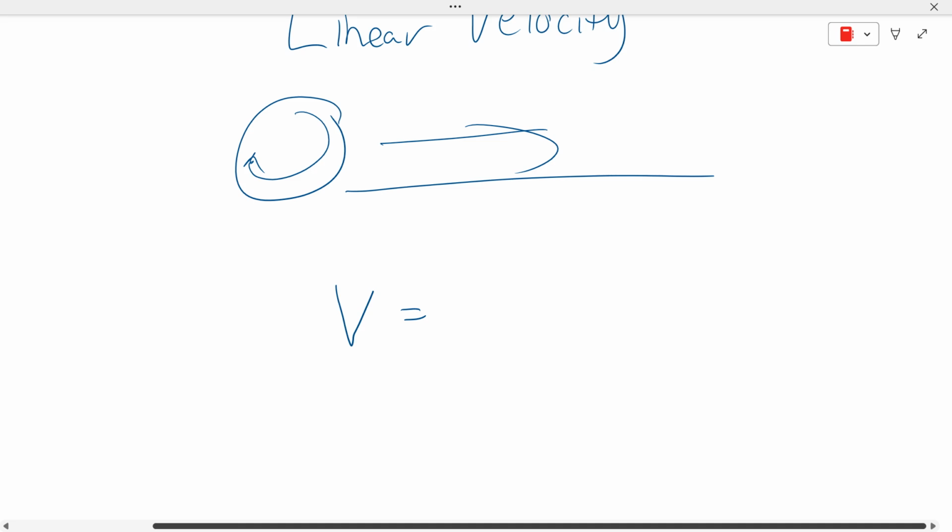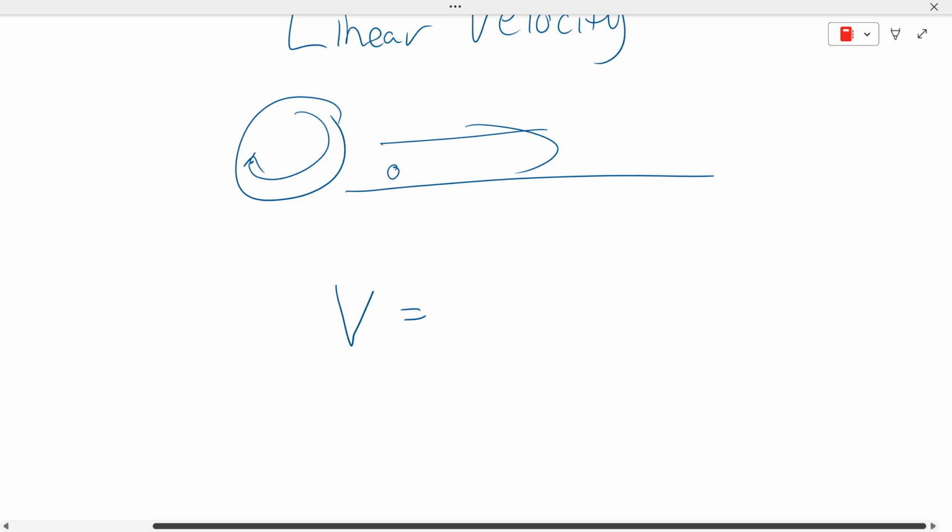Because a little tiny wheel like this would have to go around a lot more times than a big wheel like this to get the same distance. Okay? So it all depends on how big it is, and the distance around it is called the arc length.